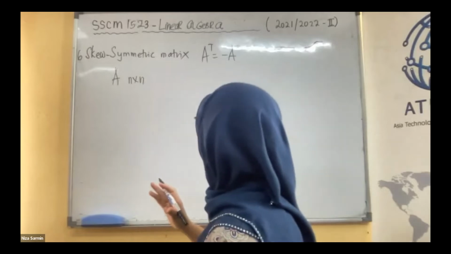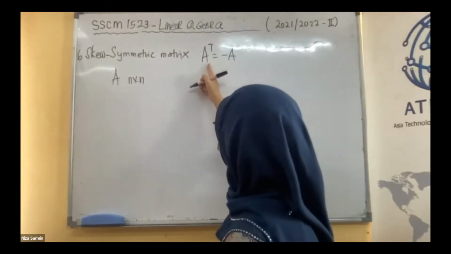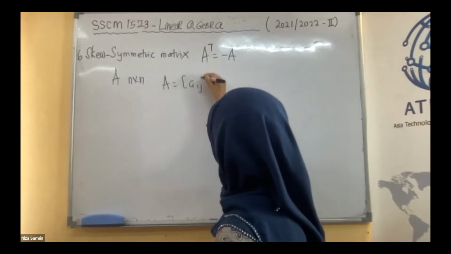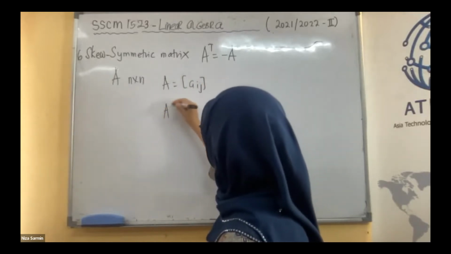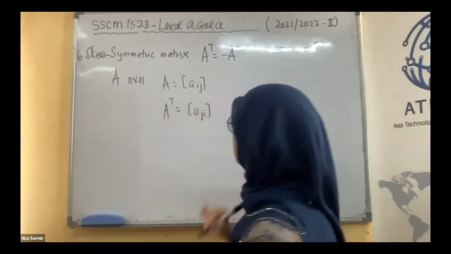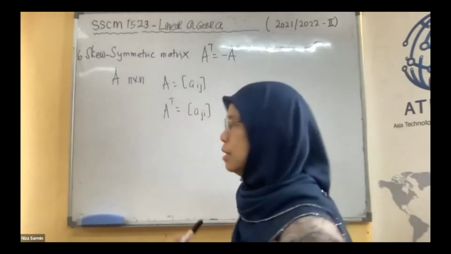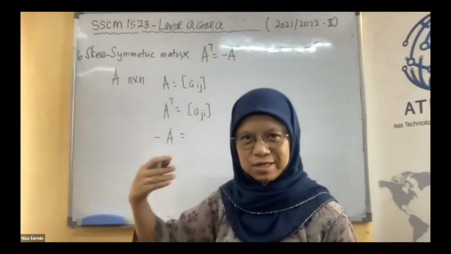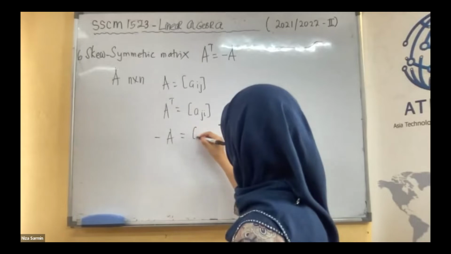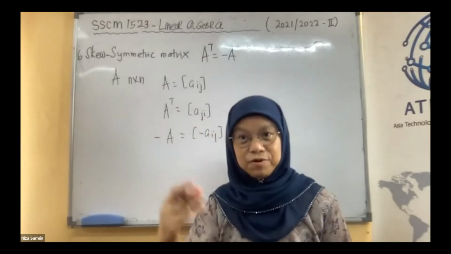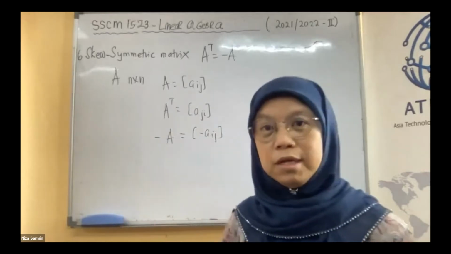Okay, thank you. So what you will write is that if A is Aij, A transpose is Aji. Negative A, although we have not seen the operation, is actually just negative Aij, every entry multiplied by negative.